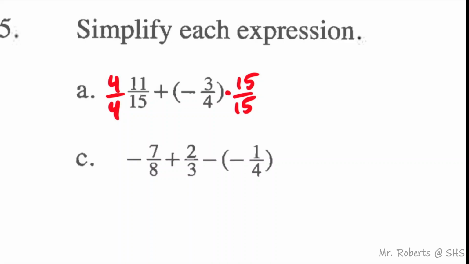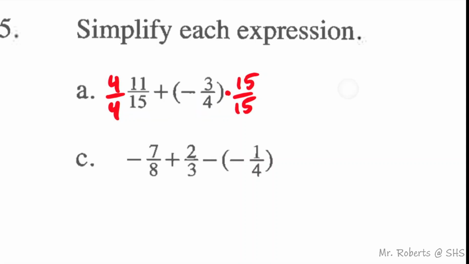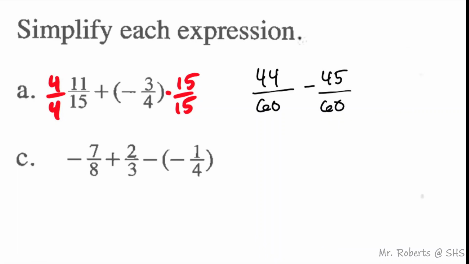So if I do this now, this first one's going to become, oh, that pen is just a mess. That needs to be way thinner than that. Let me make it here. I'm going to make this 44 out of 60. Okay. And then it's going to be a minus 3 times 15 is 45 out of 60. Really? 44 minus 45, that's 1. So this should equal negative 1 over 60.